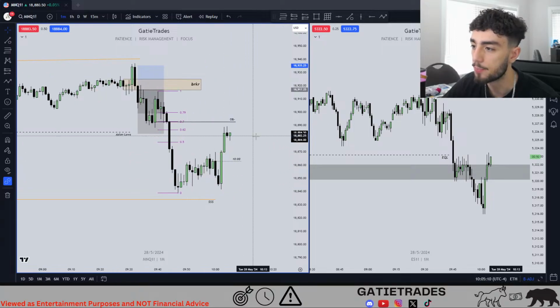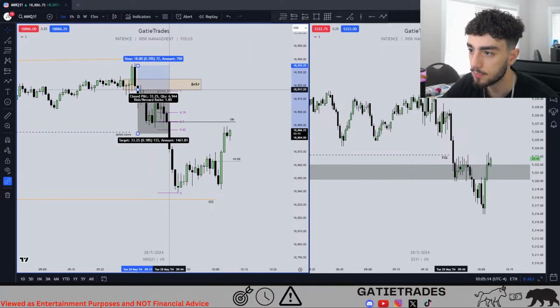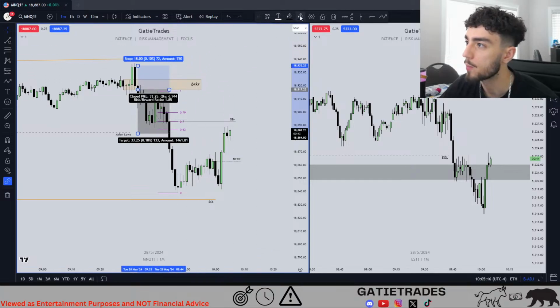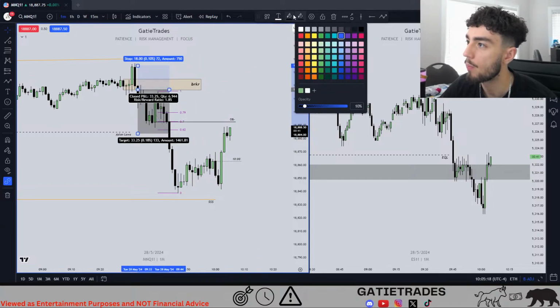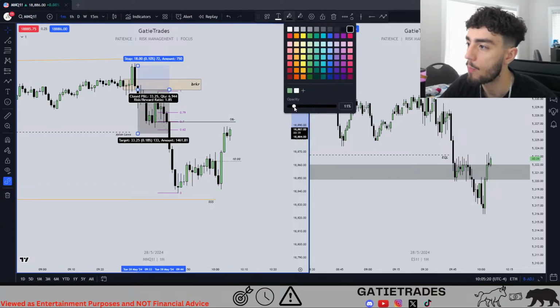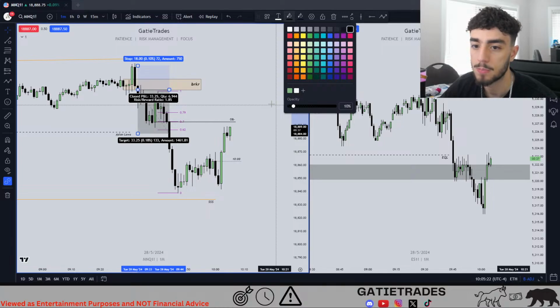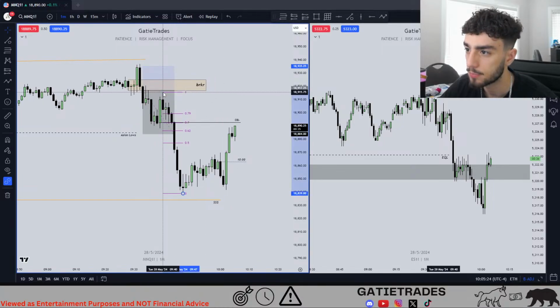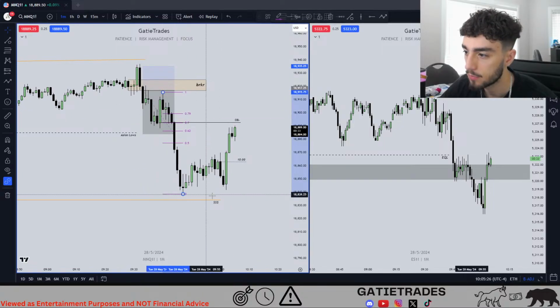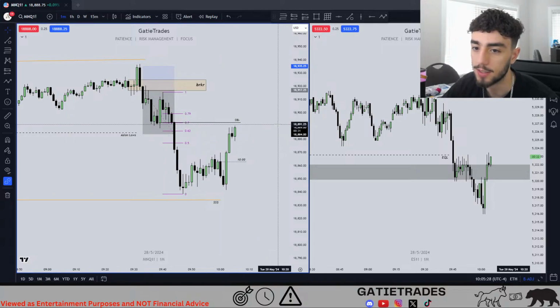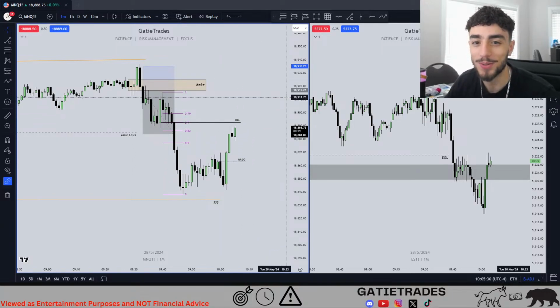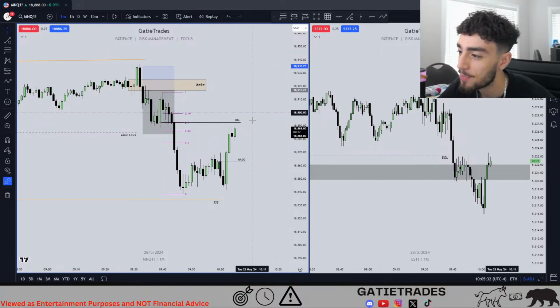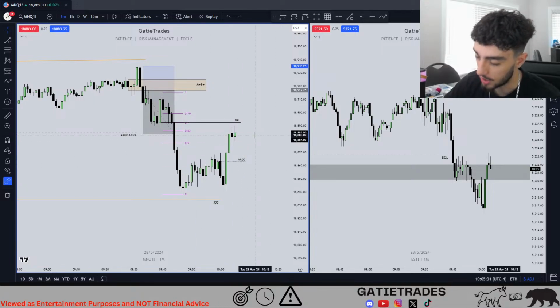This is my opinion though. I think we use that SMT to go higher. It knows it's there. That's what I'm saying, bro. Are you really not going to take that low? You're not just going to induce more longs, trap more longs here? I don't know. That's how I see it.